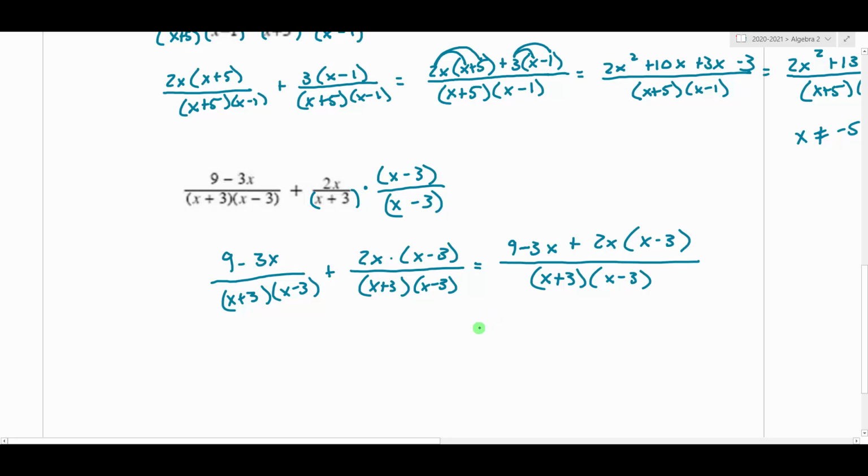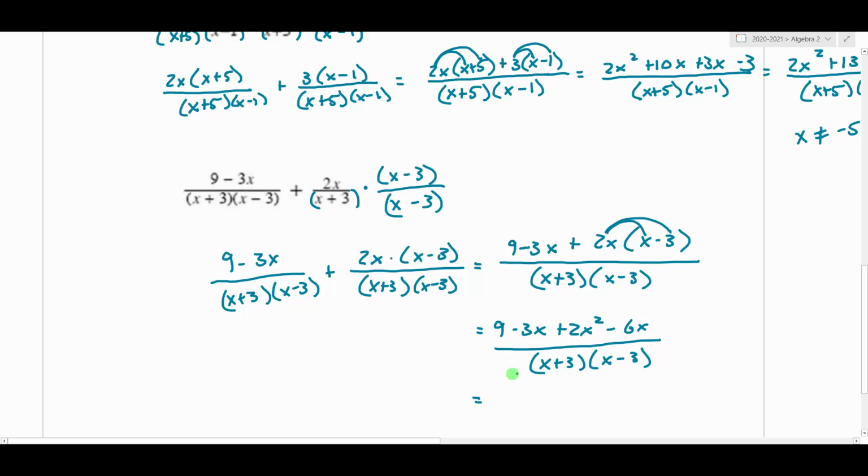Now all we have to do is a little bit of simplifying. Okay, so we've got 9 minus 3x plus 2x. We're going to distribute here, right? So it'll be 2x squared minus 6x all over x plus 3 and x minus 3.